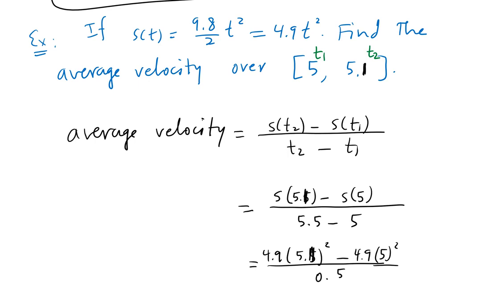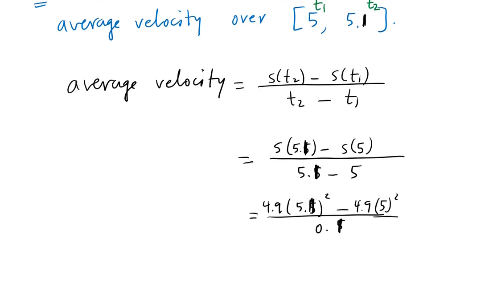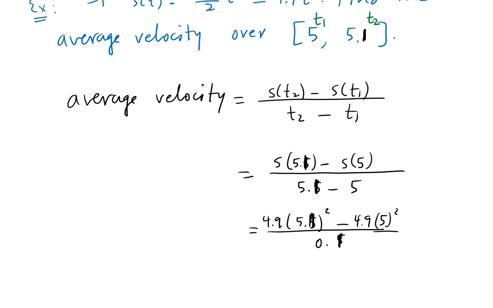Then 5.1 minus 5 gives us 0.1. So I change 5.5 to 5.1, and I'm putting that on the calculator. Let's see what that gives us. That gave me 49.49 meters per second.